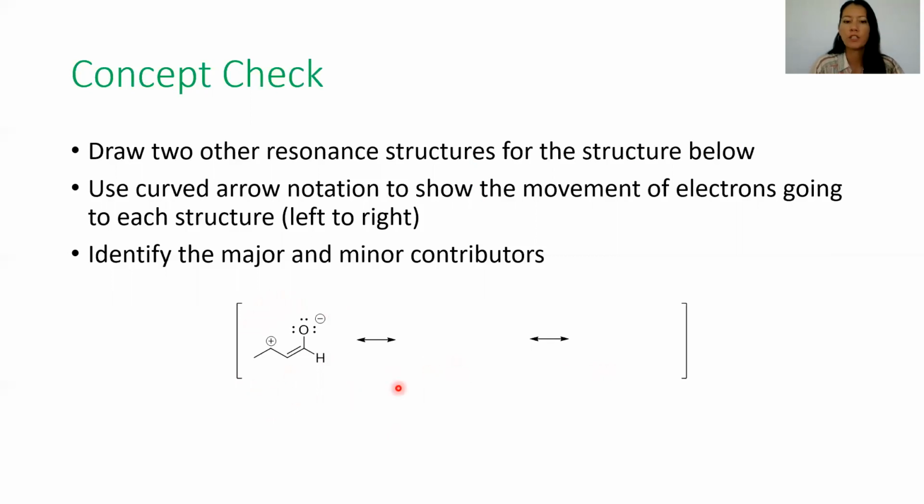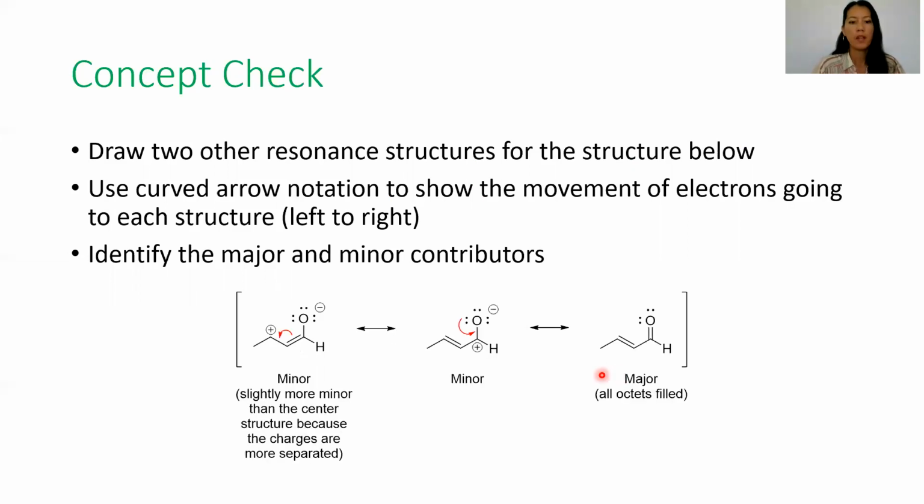So draw a structure and then use a curved arrow to show movement going from the left to the right structure, and then again from that center to the right one. And then at the end, identify the major and minor contributors. Make sure you try this before hearing my answer.